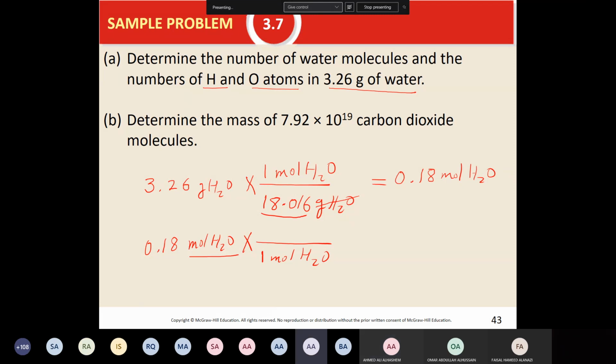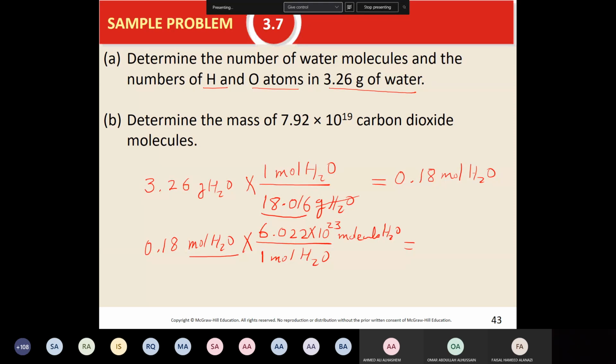Avogadro number. Exactly, 6.022 times 10 to the power 23, and then what? Molecule, you have to write this, molecule H2O, and you have the answer.